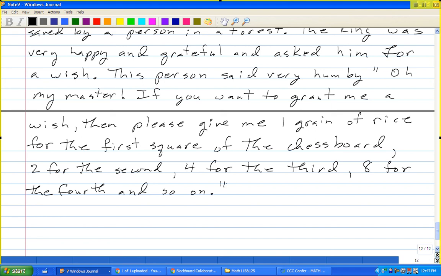So they keep doubling. Each time you put something on the next square on the chessboard, you double what was in the previous square.